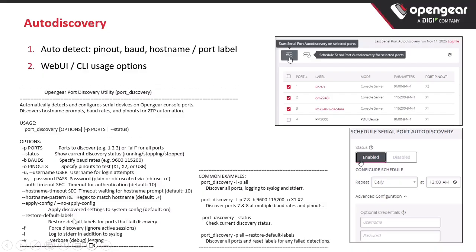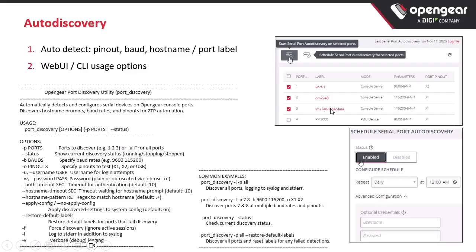And then you've also got the option to do a restore default labels. So in a very, very dynamic environment where things are not just added dynamically, but things are removed dynamically in the lab, then you can run the port discovery using cron so that it runs on a schedule, and you can invoke restore default labels.